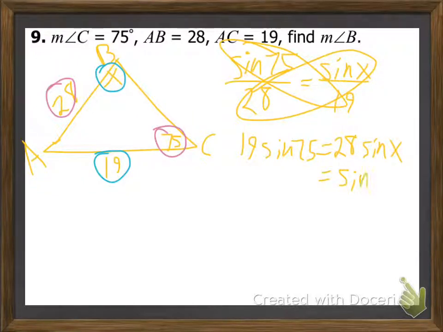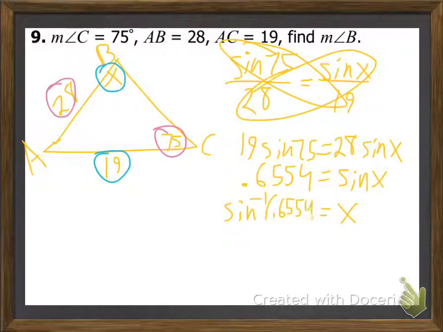Sine of x is going to be by itself, and you're going to end up getting 0.6554 as your decimal. And now you have to do inverse sine. When you do that, let's do this first. Inverse sine of 0.6554.